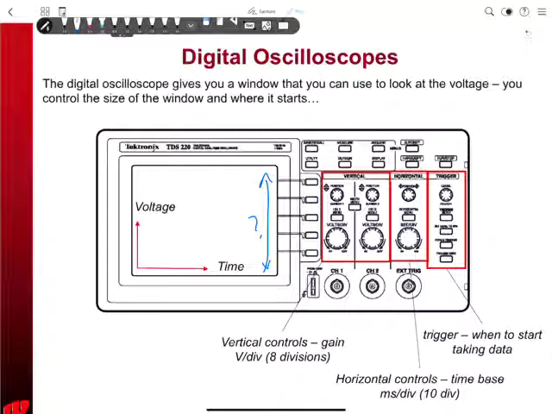So I need to control the height of my window. That's in voltage, and that's volts per division. And typically there's 8 divisions there, right? So each division could be a couple millivolts. Each division could be hundreds of volts, right? So I need to scale it that way.